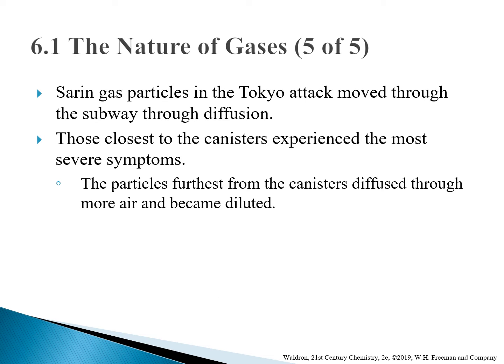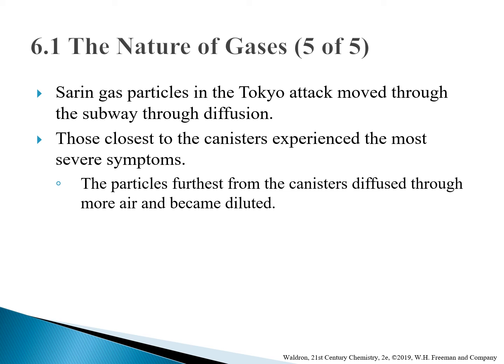As described in the introduction section of this chapter, the canister of sarin gas used in the Tokyo subway released poisonous gas into the air. Evidence gathered after the attack showed that people closest to the canister had the most severe symptoms of nerve gas poisoning.